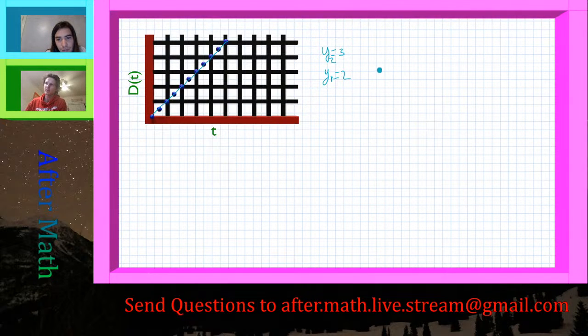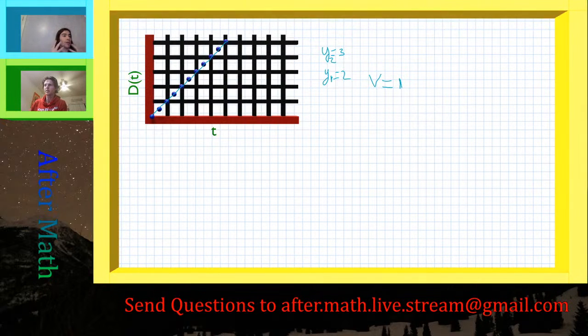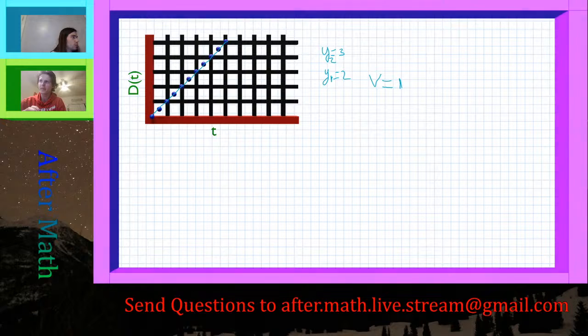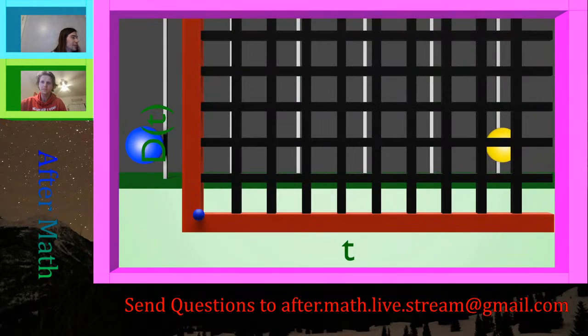And same with our x, right? And we'd still get our velocity equals 1. So now we're going to go a little further, okay? And we're going to watch it again, and then we'll watch another one at 30 frames a second.